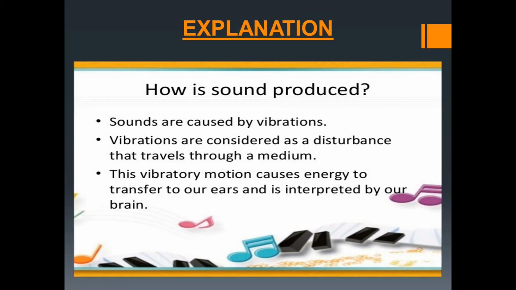What is a to and fro motion, students? When something vibrates on its fixed position backward and forward, it remains fixed to its position, but it moves backward and forward. That is called to and fro motion. So that is the key point, that sounds are caused by vibrations.